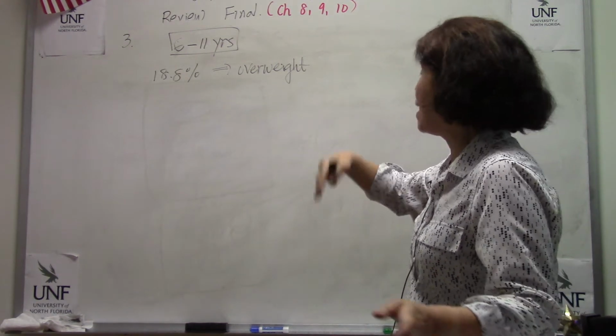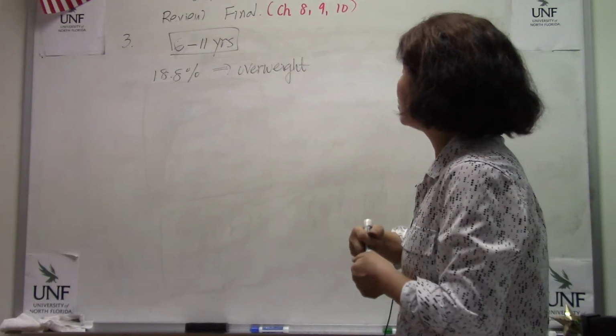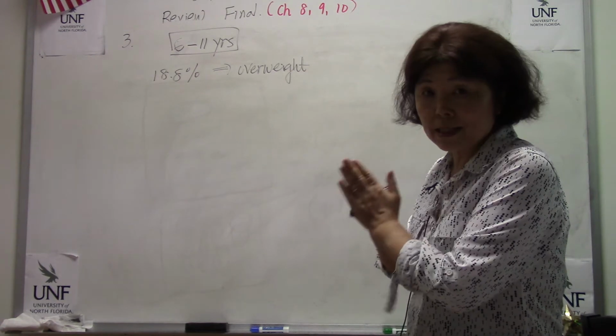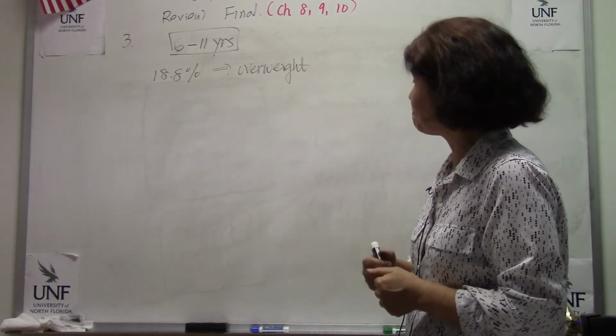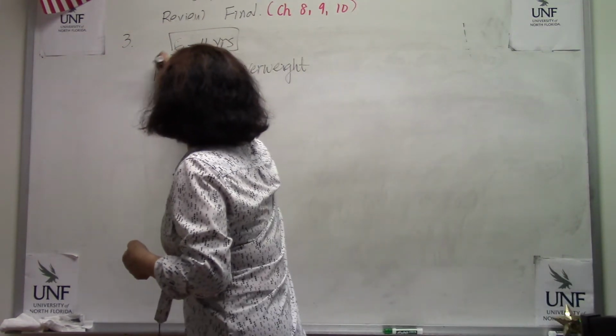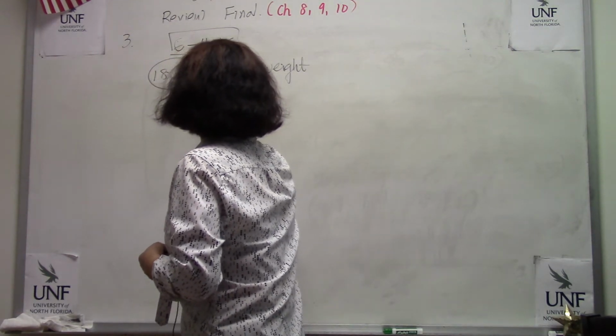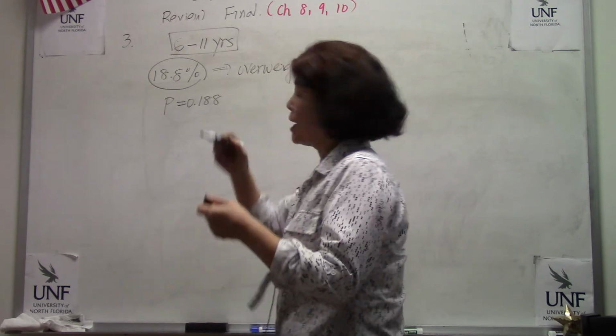So this is a proportion problem. It's not about the mean of the weight. P is 0.188 for the whole population.